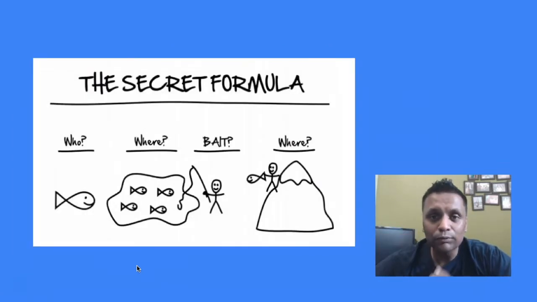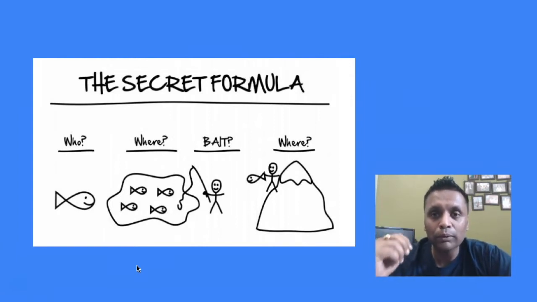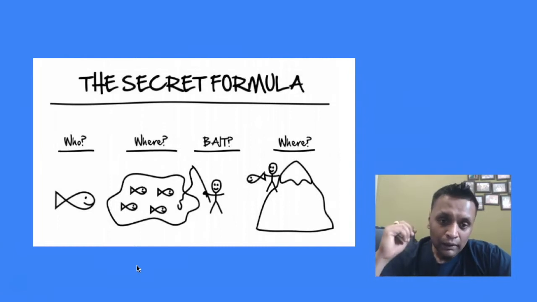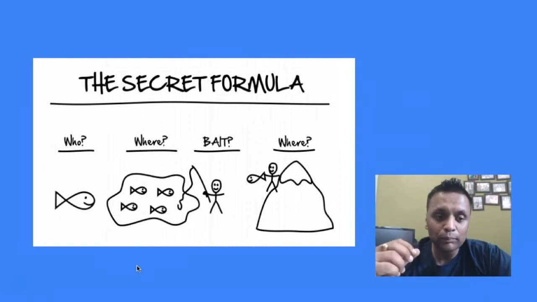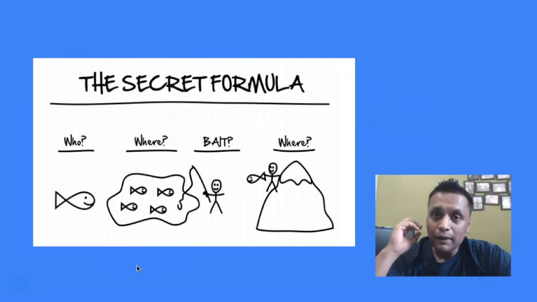So there is a secret formula you have to follow in order to find the right target audience and promote that product. That 4-step secret formula is, first of all, you need to identify who your target audience is. Where can you find that target audience? The next thing is the bait, or the value you're going to provide to lure that customer to buy the product.